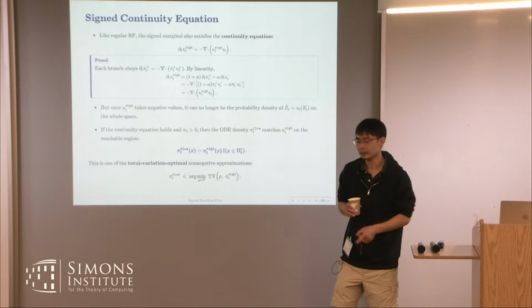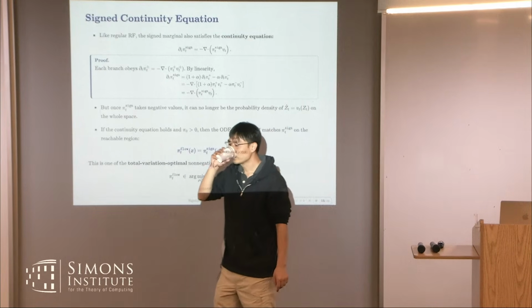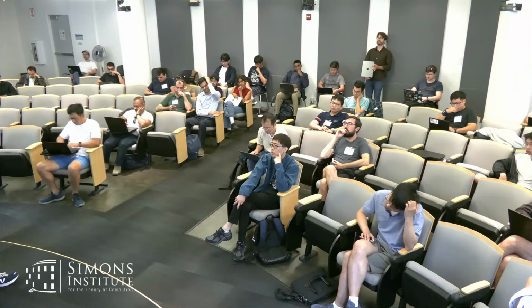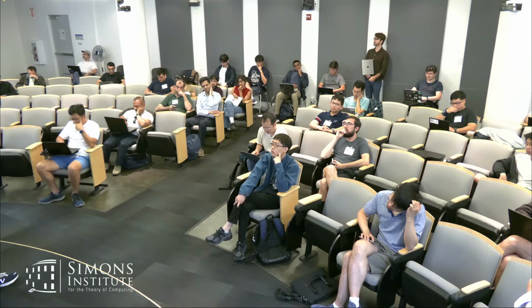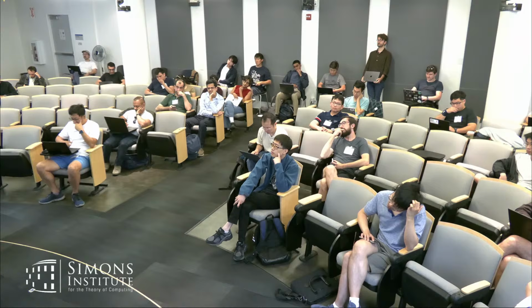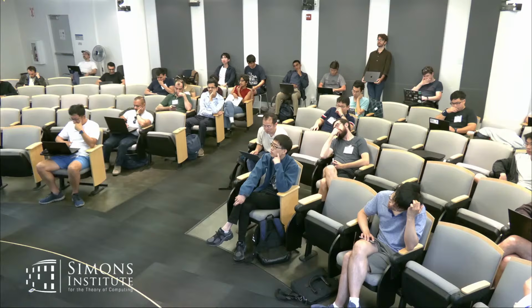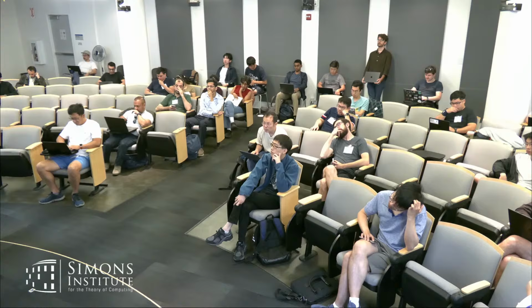Maybe one question about this last sentence. When you say it's one of the TV optimal, it's because the reachable region, I guess, is not specified? Yeah. I think this is really a trivial result, because any solution of this form, where omega is a region of probability mass 1 inside the positive support, is going to be a solution.